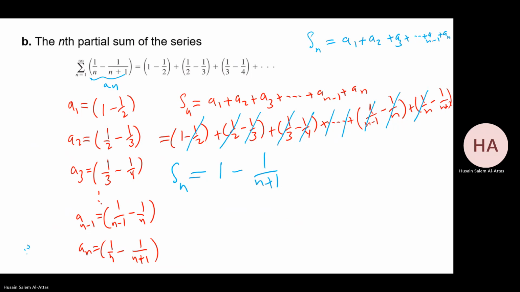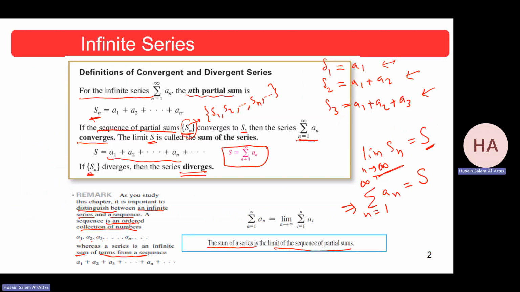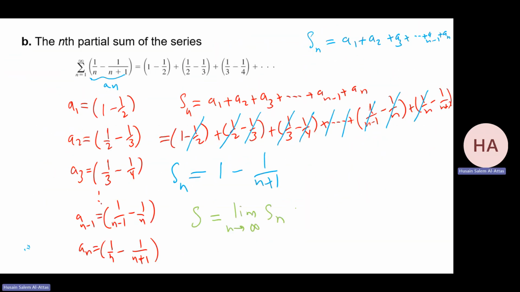Okay, so what will be my S? S will be the limit as n goes to infinity of Sn, the general one. We said that the limit of Sn will be S. And that is equal to what?